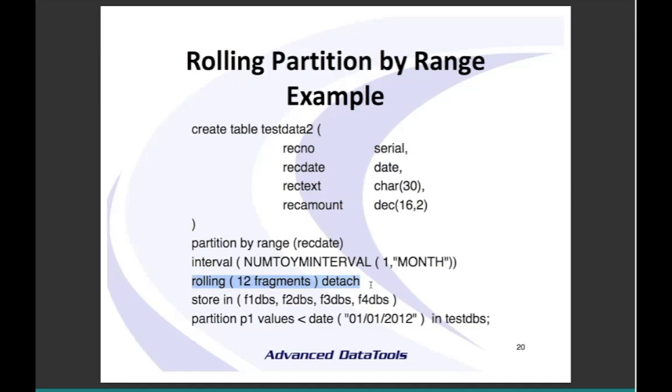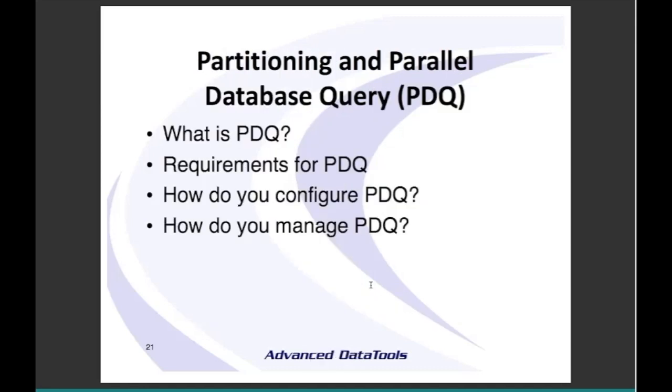Now, let me talk about PDQ and parallel database query just for a minute, because that plays into partitioning quite a bit. And I'm going to show you one little simple thing you can do to take advantage of PDQ and partitioning when we get to the examples.